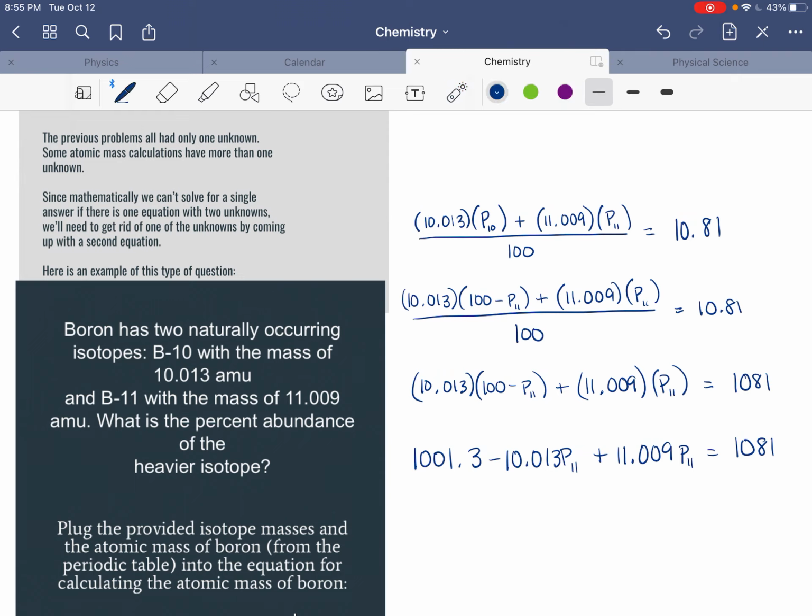So I will get 0.996 P11 is equal to 79.7. So then my last step in order to get P11 by itself is I have to divide both sides by the 0.996. So I'm going to get P11 is equal to 80%.